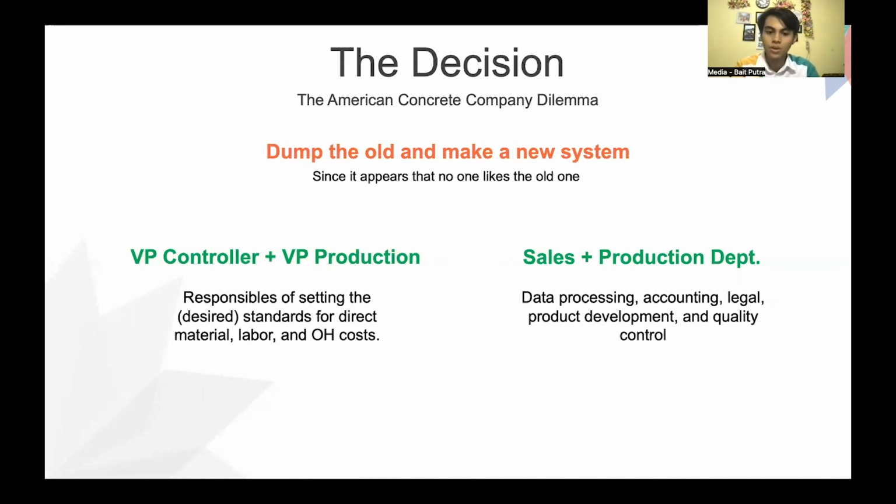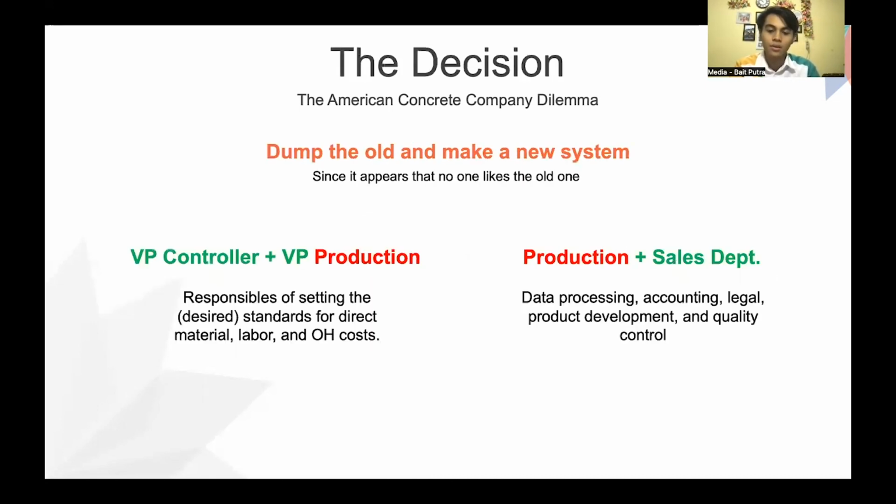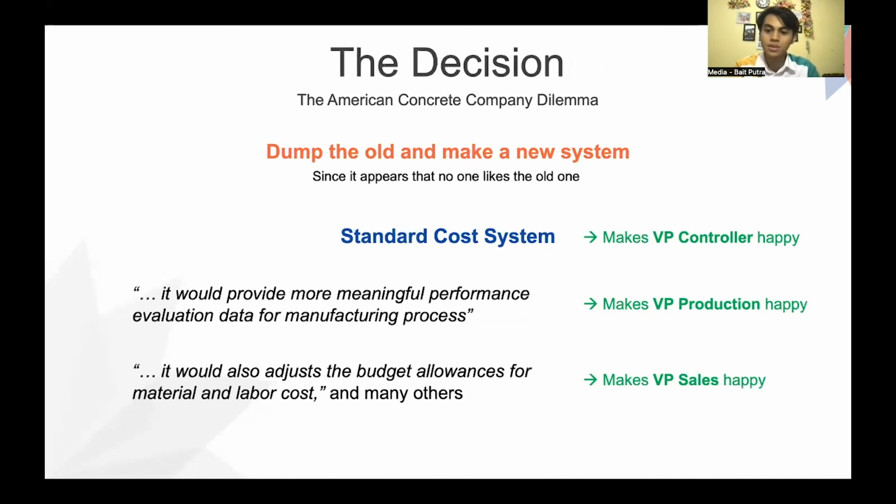If you notice here, production has part of the responsibilities, and that is the reason why Patrick Melly, VP of production, was unhappy with the old system, with the performance of the sales and the controllers. Therefore, with this new system, it will make all the VPs happy, because the standard cost system simply divides all the jobs and provides a new system that creates a better environment for everyone.